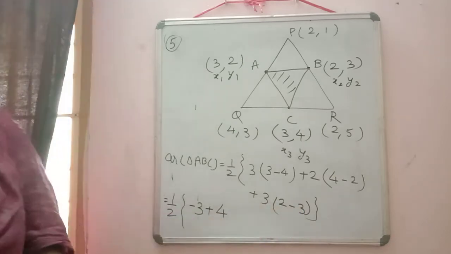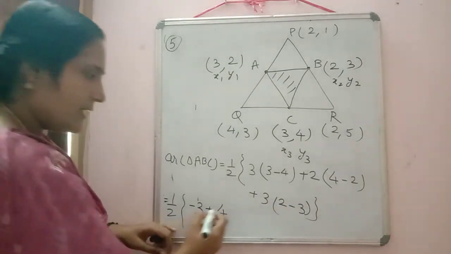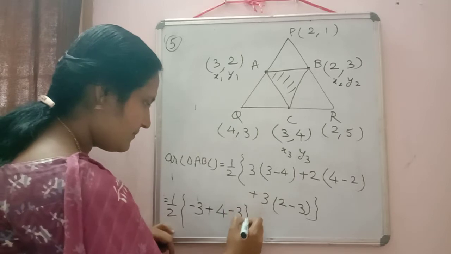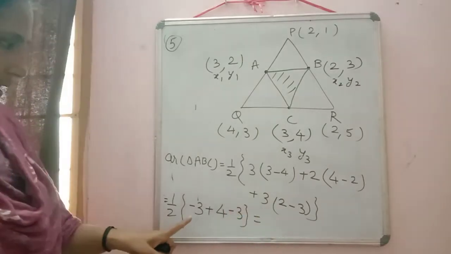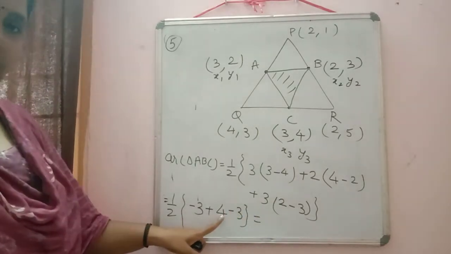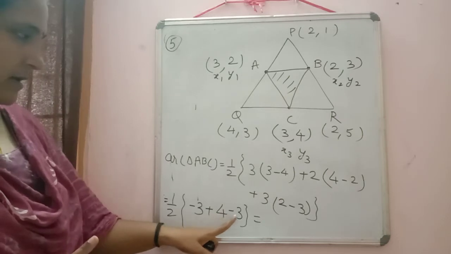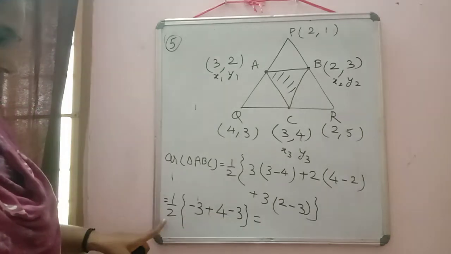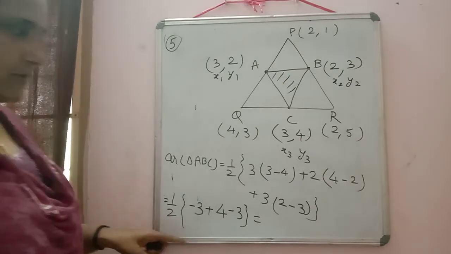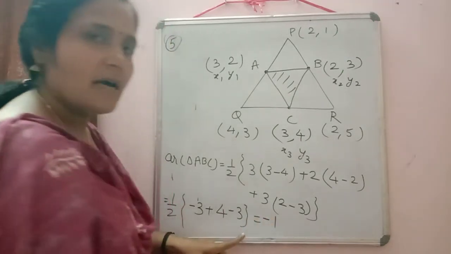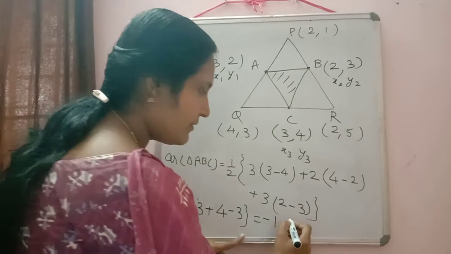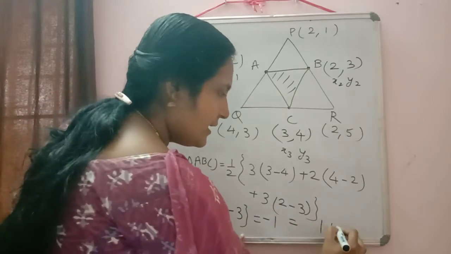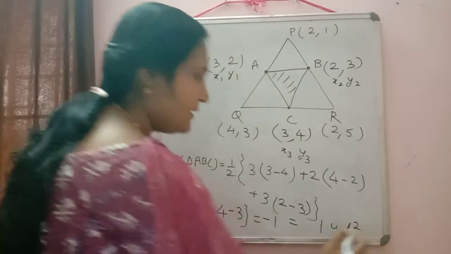And minus 1 into 3 will be equal to minus 3. So what we are getting here? Minus 3 plus 4 will be equal to 1. And 1 minus 3 will be equal to minus 2. Minus 2 divided by 2 will be equal to minus 1. And we know area will never be negative. Therefore, you can write area is equal to 1 unit square.